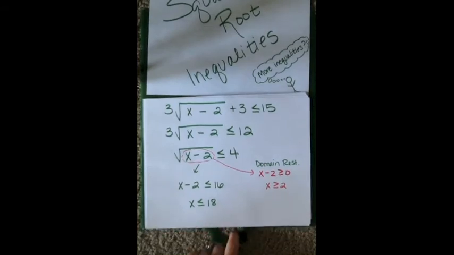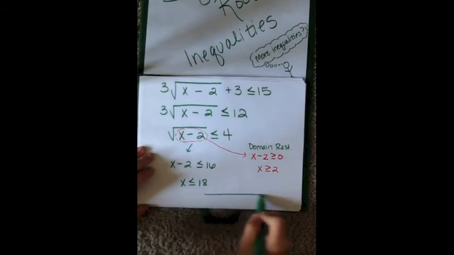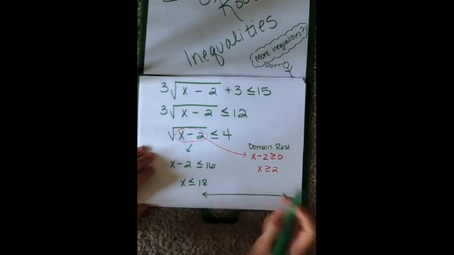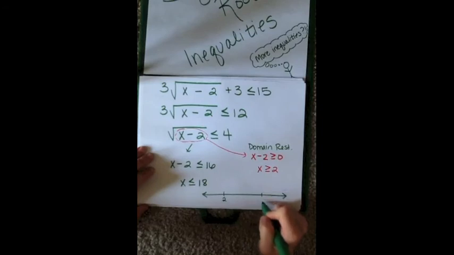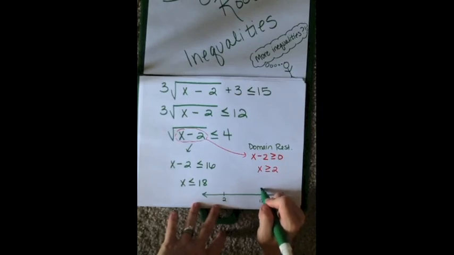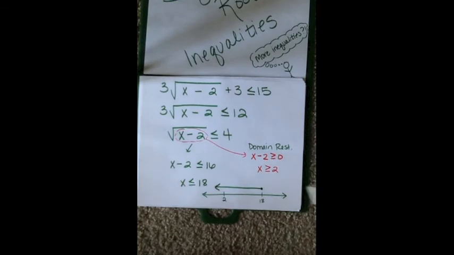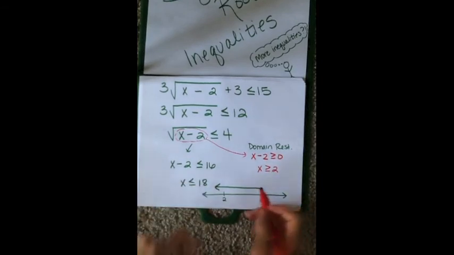To make sense of this, number lines can be helpful also. So I have 2, I have 18. So I know that it's less than or equal to 18. So all of that. And I know that x has to be greater than 2.